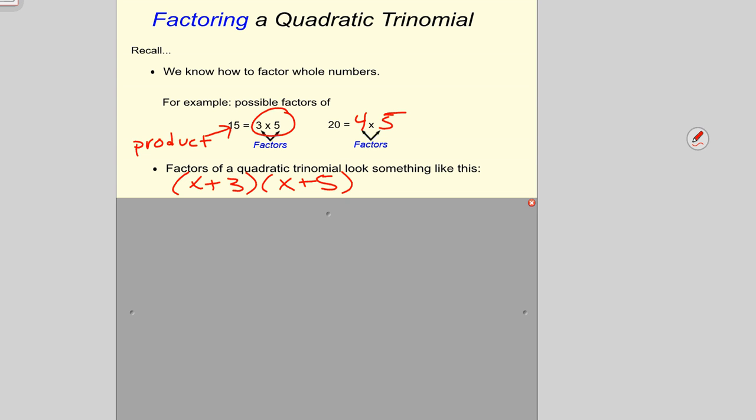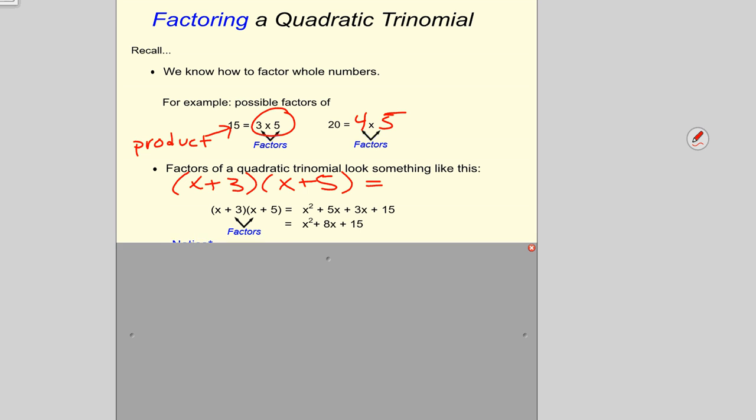What if I gave you two factors, x plus 3 and x plus 5, and I said multiply them together? Those two are your factors, so what's the product? Pause the video, take a minute, multiply them together. And you'll see that the product is x squared plus 8x plus 15.